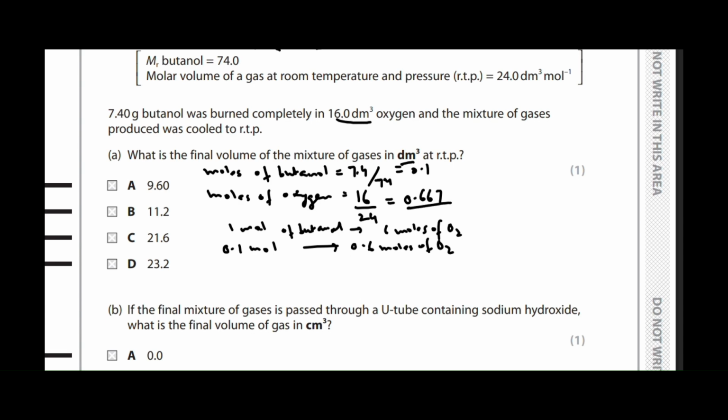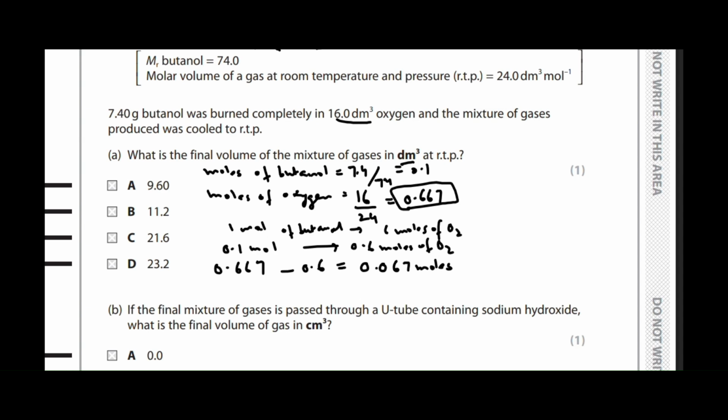But in the reaction mixture, you have 0.667 moles of oxygen. From 0.667 moles, only 0.6 moles will react, so the number of moles of oxygen left after the reaction will be 0.067 moles. So these moles of oxygen will be left in the reaction mixture.